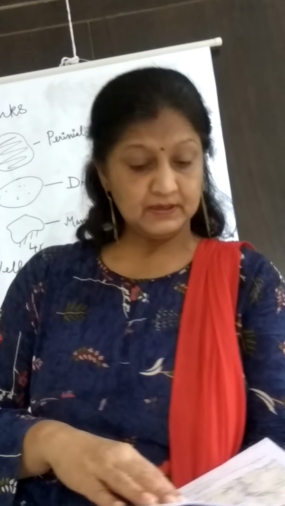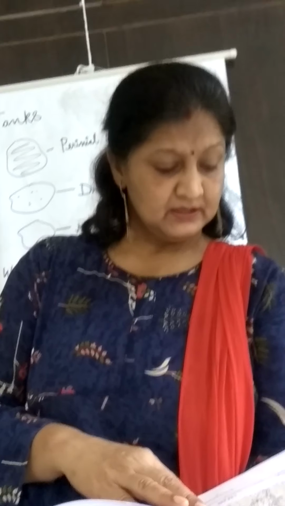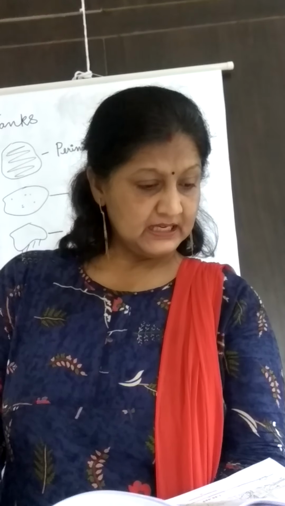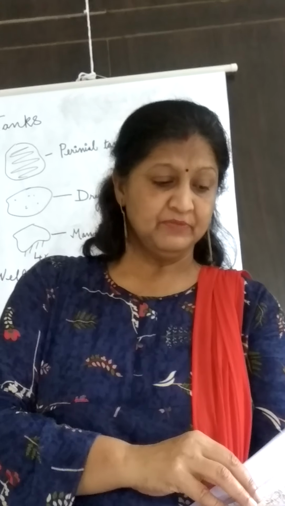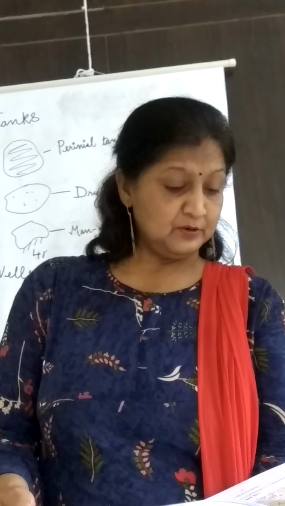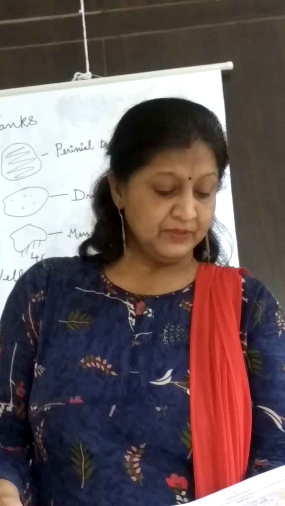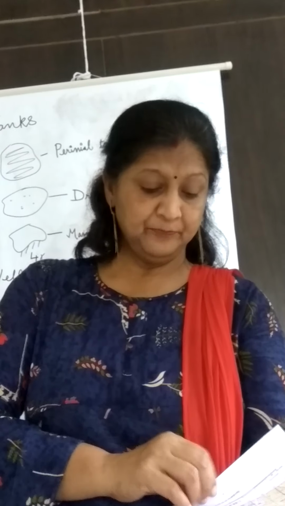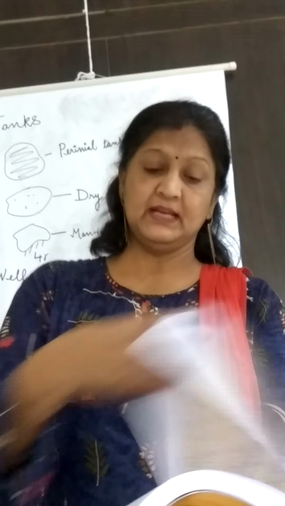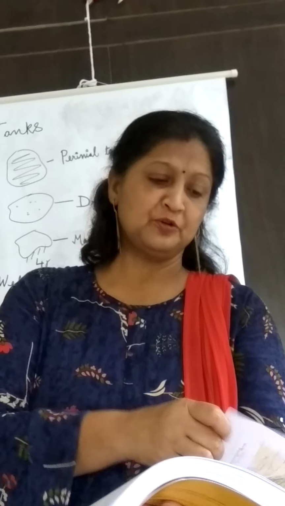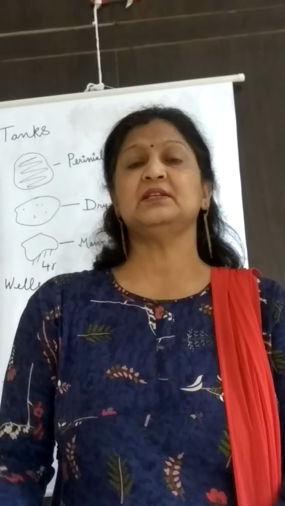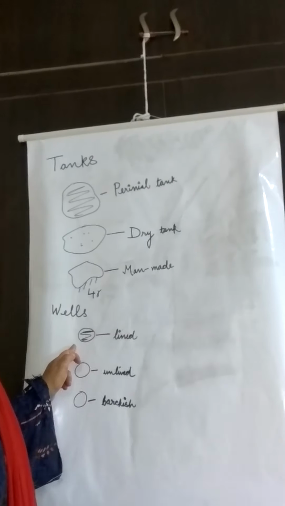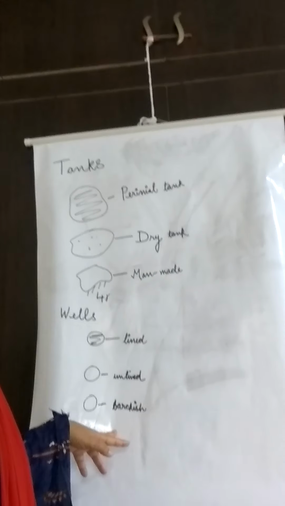Also you see Barkish written somewhere, wherever the well was, and if Barkish is written there, it means the well is not good for drinking water. The water is either salty or has many chemicals, which is not good for consumption. So these are the three types of wells in your syllabus: lined, unlined, and Barkish.